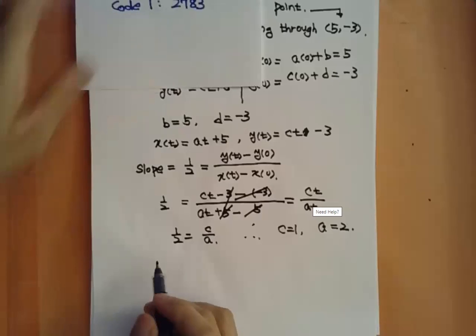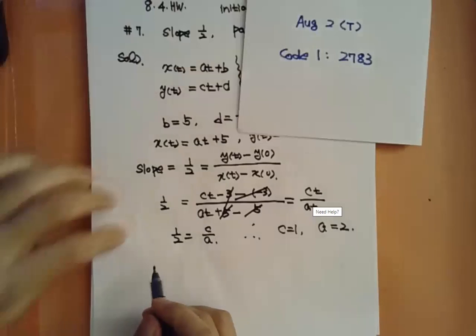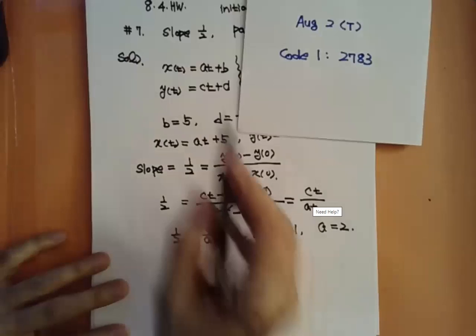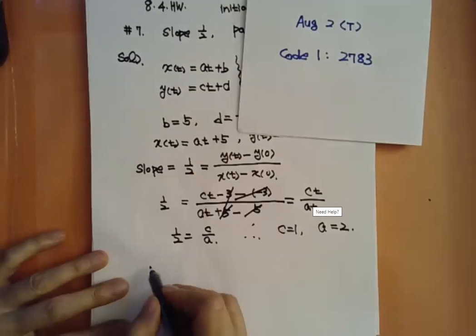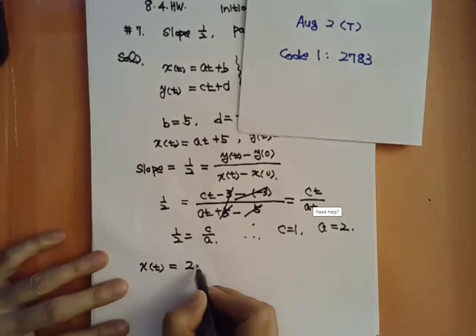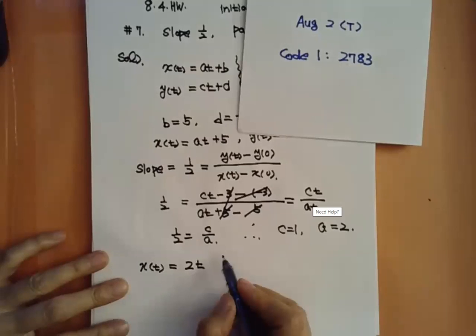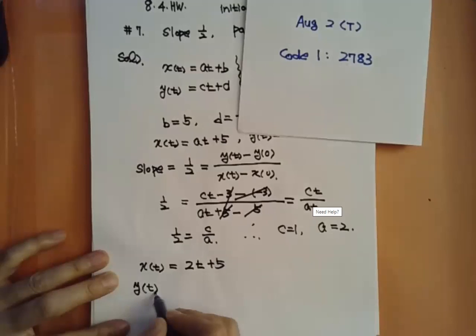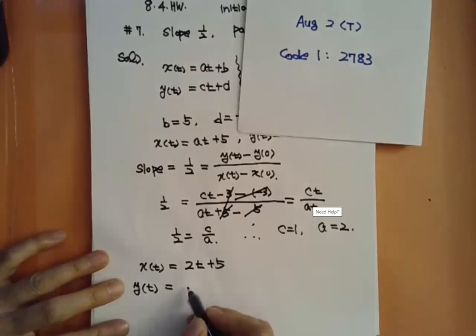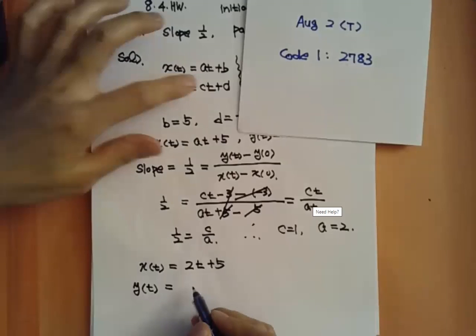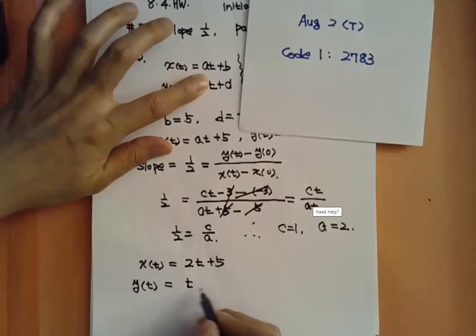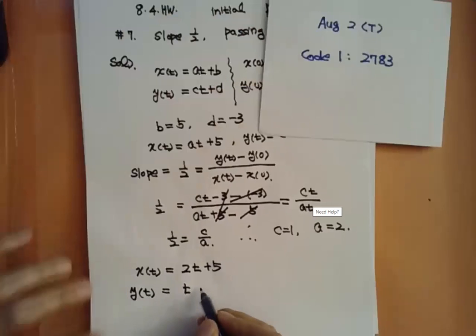So the remaining step is just plugging back. x of t equals 2t plus 5, and y of t equals 1 times t, so I don't write 1, and d was minus 3.